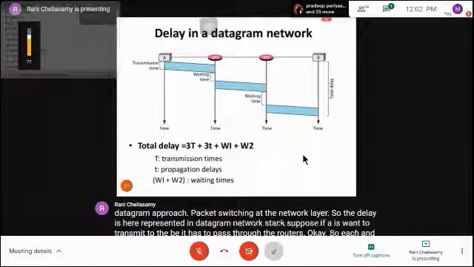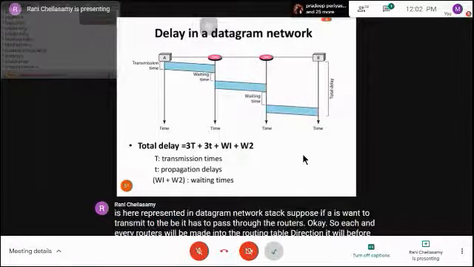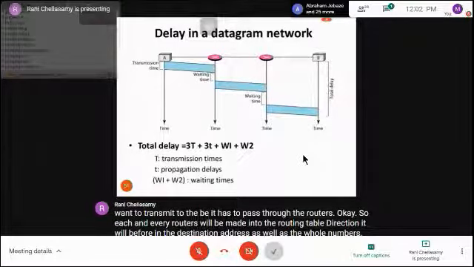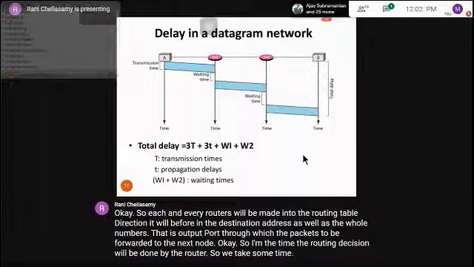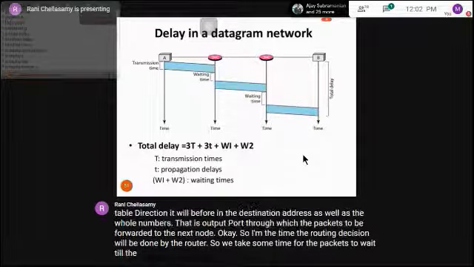The port number is the output port through which the packets are to be forwarded to the next node. At that time the routing decision will be done by the router. So it takes some time for the packets to wait till the routing decision completes there.